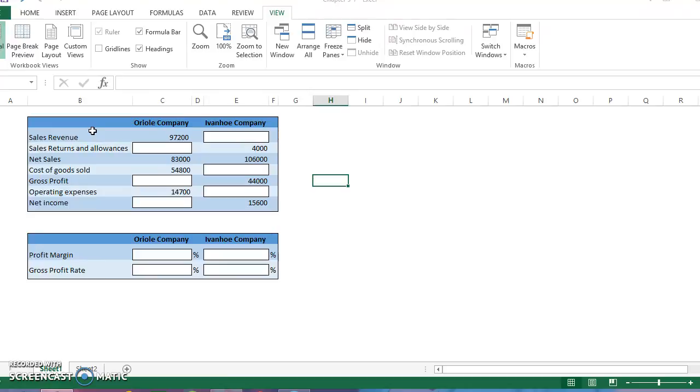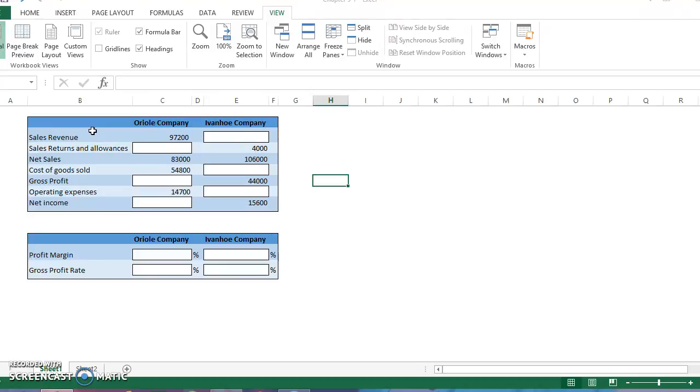We also have learned in this chapter that based on any returns or allowances, we'll have to take that amount out from sales revenue to be able to obtain net sales.